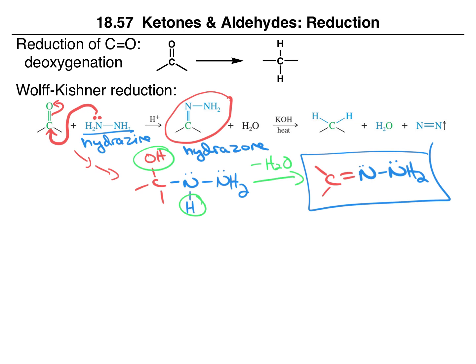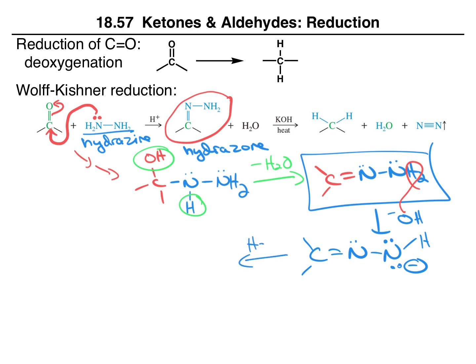From here, in case you're interested, what happens when we add base? Hydroxide can grab off one of these protons. I'm going to stop with the color coding now. We already had one lone pair, now we have a second lone pair, and the nitrogen has a formal charge of -1.